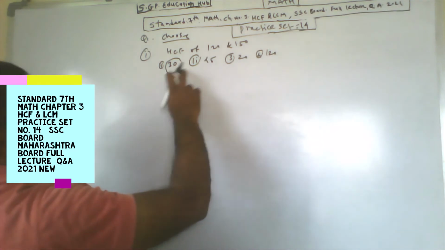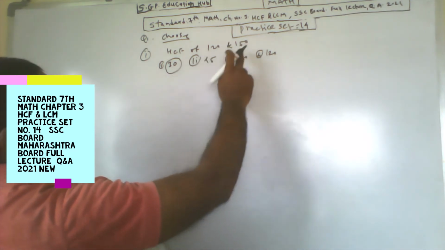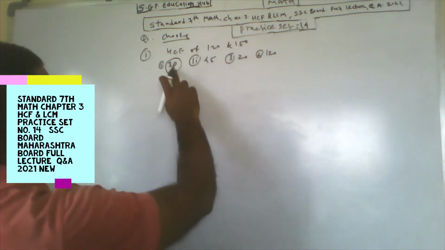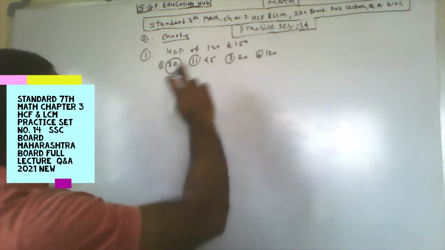So the answer is 30. 120 is 30 times 4 and 150 is 30 times 5, so the answer is that the HCF is 30, because 30 is a common factor of both numbers.